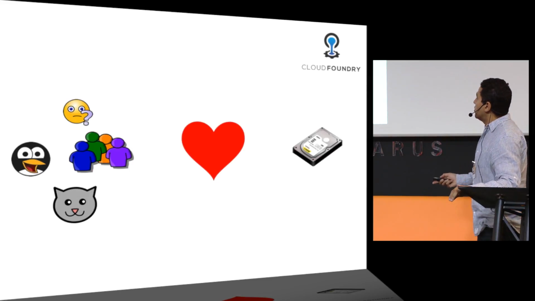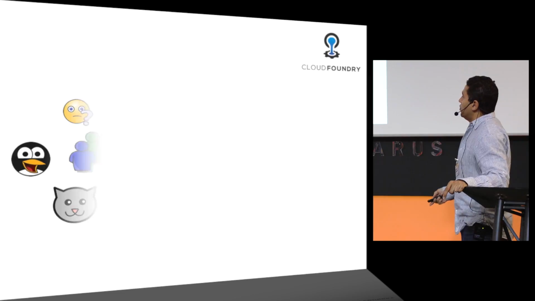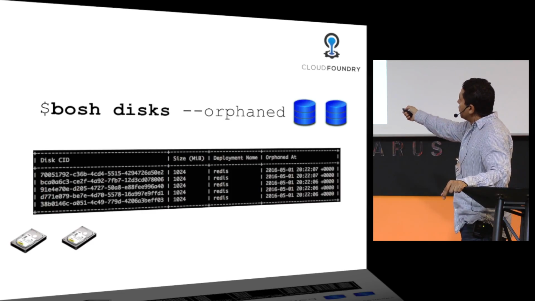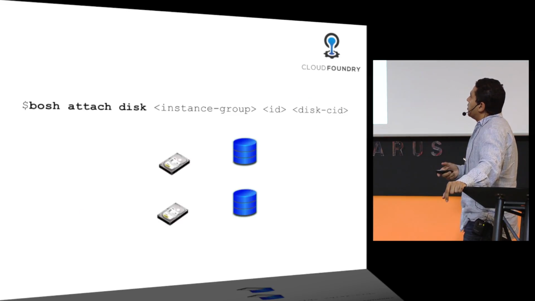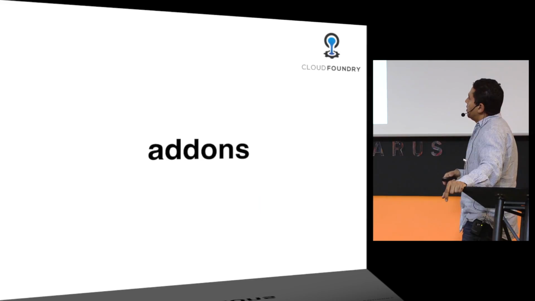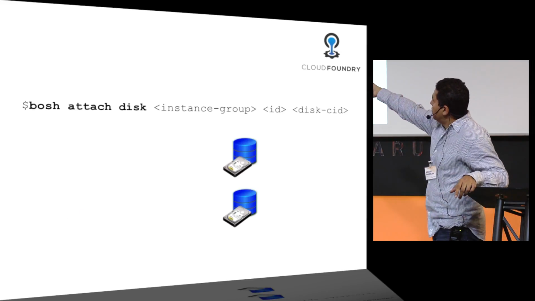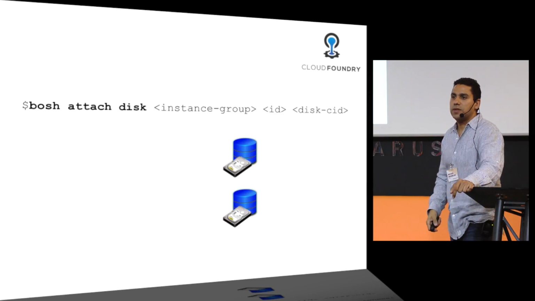So Bosh will know about those disks, and it will allow you to say, hey, this disk was orphaned, and it will know when. It will also allow you to reattach a disk to an instance group, so the disk gets reattached to the VMs.